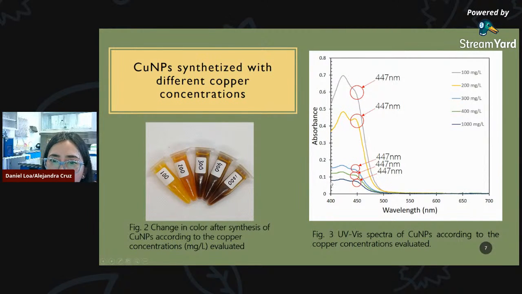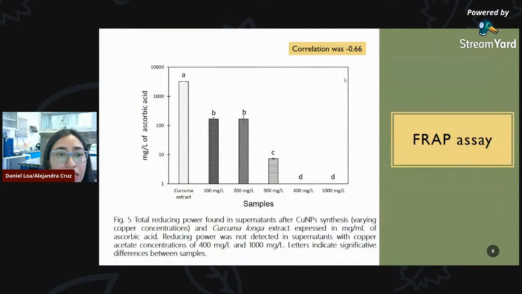Another thing that we observed was a difference in the amount of absorbance. For example, the lowest concentrations had the highest absorbances, and at this point we also thought that it could be attributed to the amount of reducing power present in the synthesis. So in order to prove that, we performed the FRAP assay that I told you about earlier.